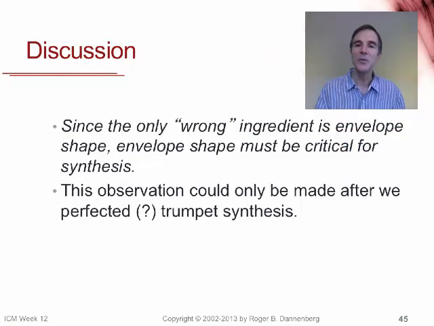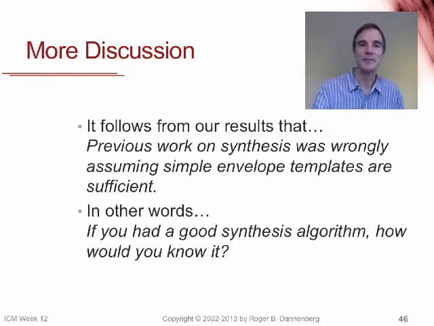So since the only wrong ingredient is the envelope, the envelope shape must be critical for synthesis and for our identification of instruments. This observation could only be made after we perfected, or at least came pretty close to, a good trumpet synthesizer.